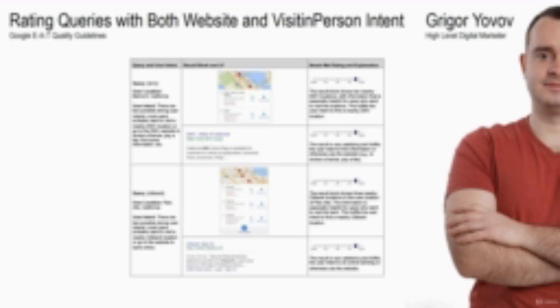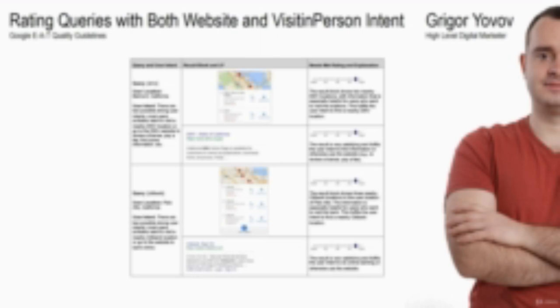And the second result is from DMV.ca.gov, and the result is very satisfying and fulfills the user intent to find information or otherwise use the website to renew a license or pay a fee, etc. And the second example for this scenario is a query of Citibank.